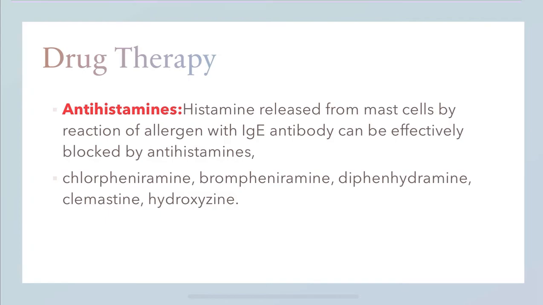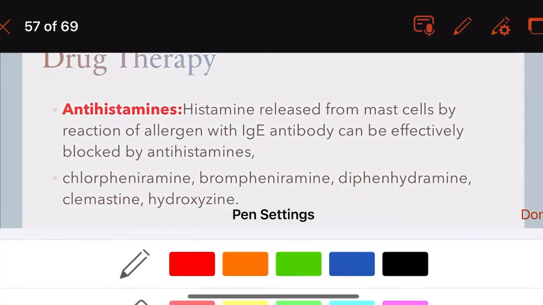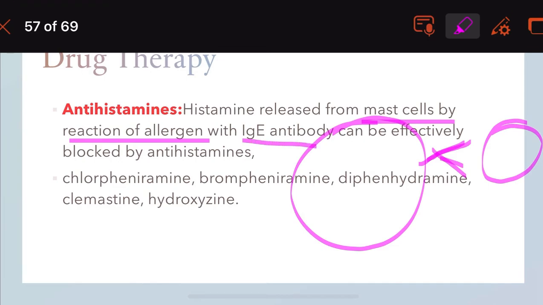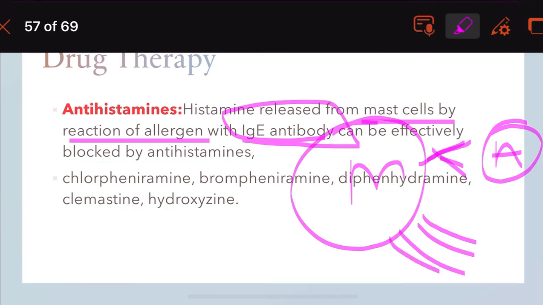Drug therapy. Antihistamines. Histamine released from the mast cells by the reaction of the allergen with the IgE antibody can be effectively blocked by antihistamines. So guys, this is the mast cell. We saw the IgE antibody. After allergen exposure, the allergen reacts with the IgE antibody on the mast cells, and the mast cells secrete histamine.